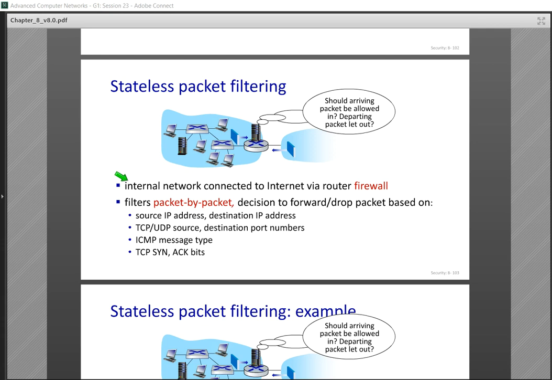It checks the information in the packets, the header of the packet, especially the source IP address and the destination IP address, the source port address and the destination port address. The firewall checks these items against its access control list, and based on that list, it makes a decision about the packet.